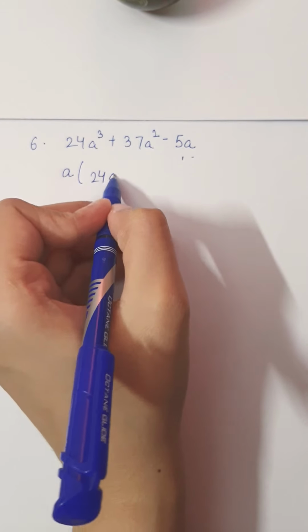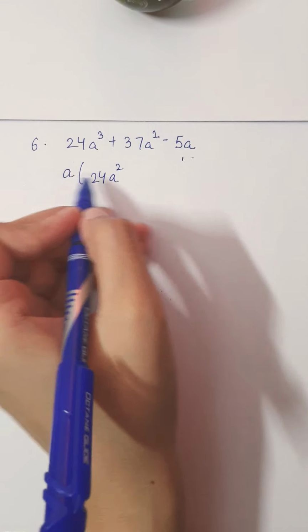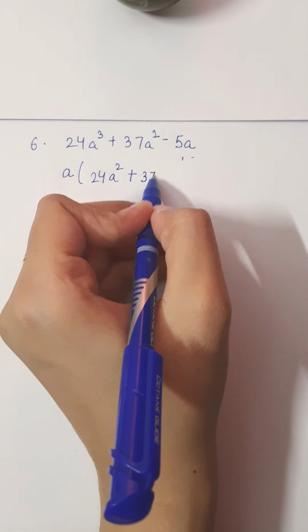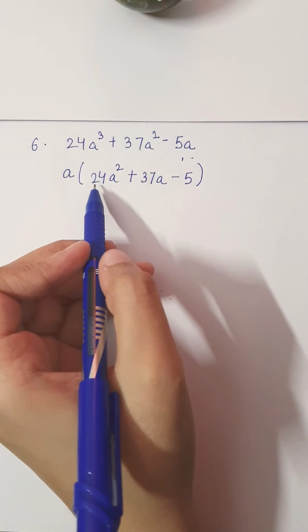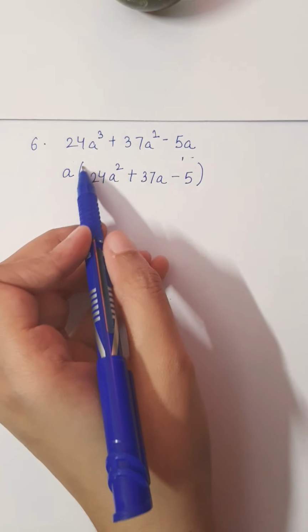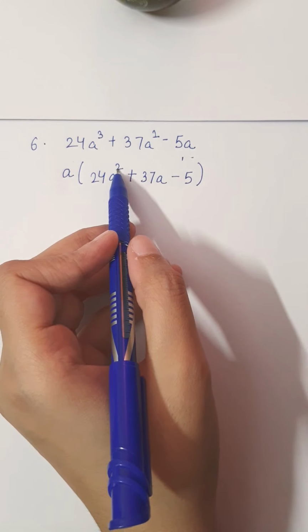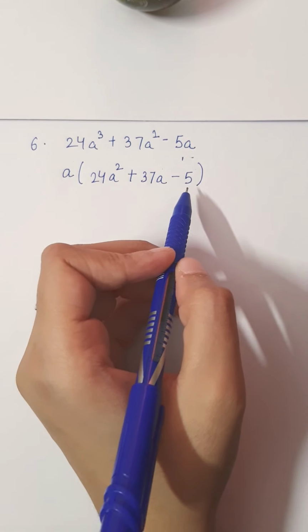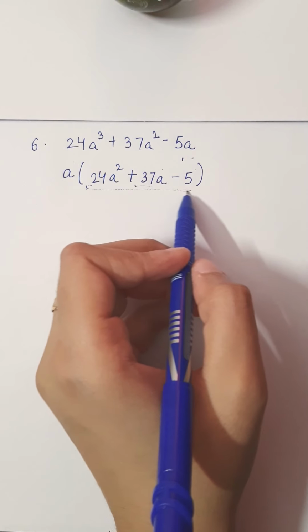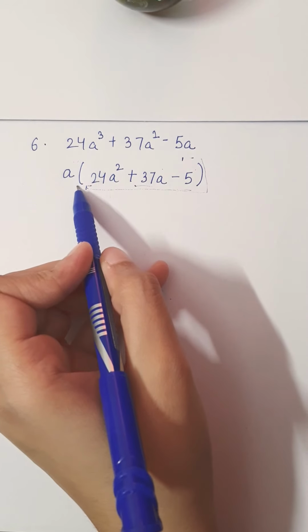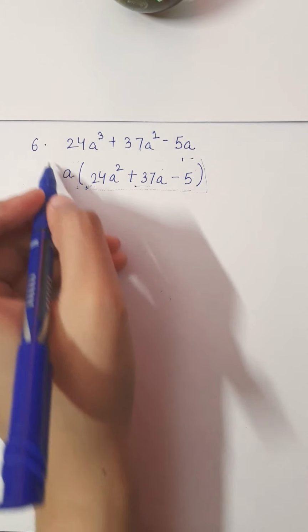24a square, 2 a's will remain. 37a minus 5. Now if you can see, this is a proper trinomial with maximum power 2, 1 constant. Standard form. Now we will factorize the middle term way of only the bracket, and this will remain same in every step.